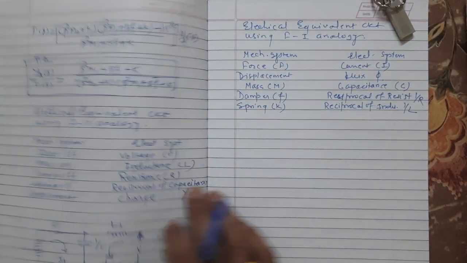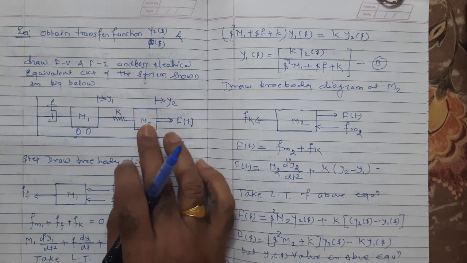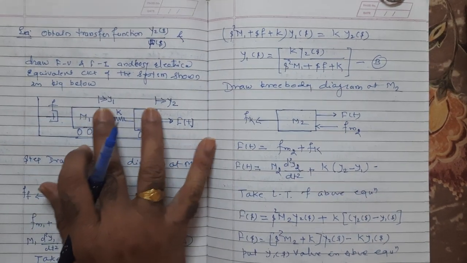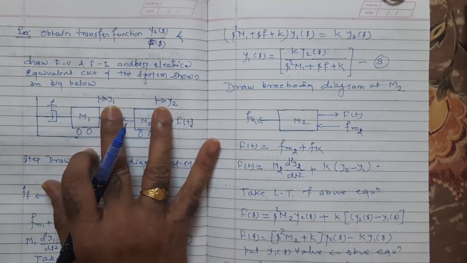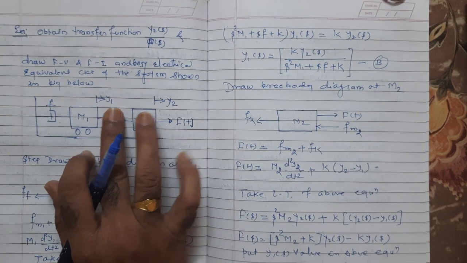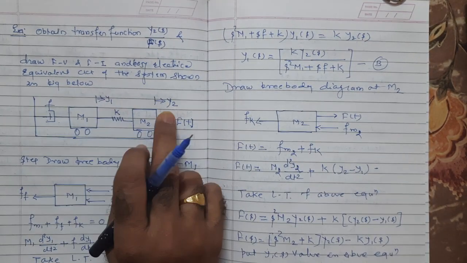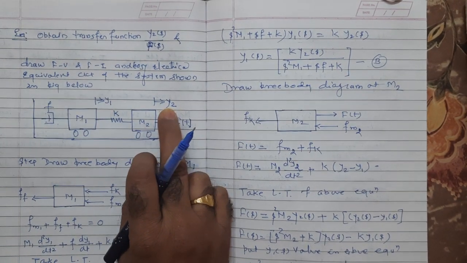So now to draw the F2V analogy electrical equivalent circuit, again look at the circuit. How many displacements are there? Y1 and Y2. So that means there are two fluxes, that means the voltages are 2. Here the voltage is E1, here the voltage is E2.